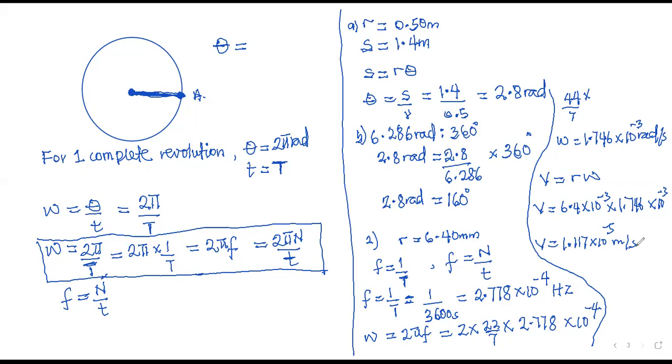An object moves round a circle of radius 3 meters with an angular velocity of 4 radian per second.